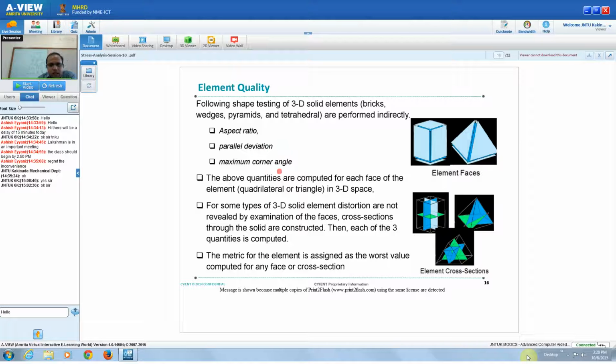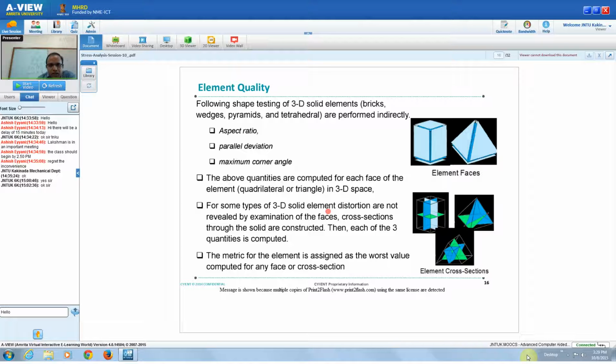So all these three shape checks will happen on the element faces. That means instead of the element, it may generate on the element faces. The above quantities are computed for each face of the element, quadrilateral or triangular face.